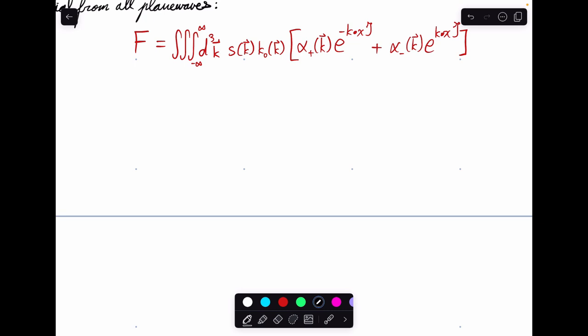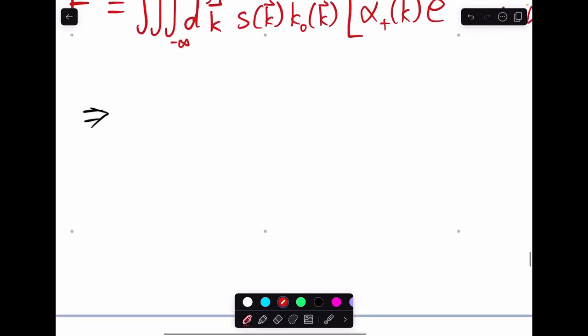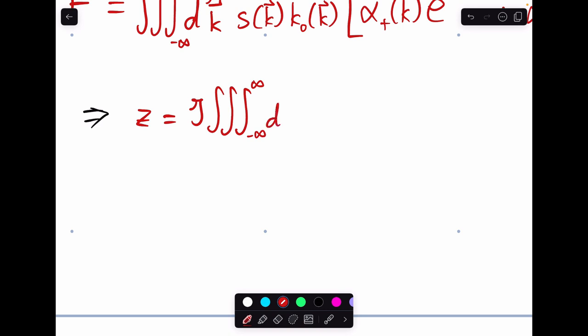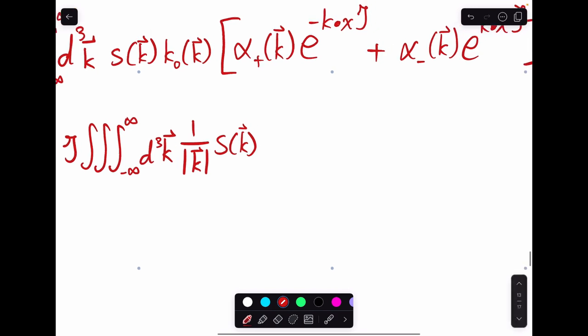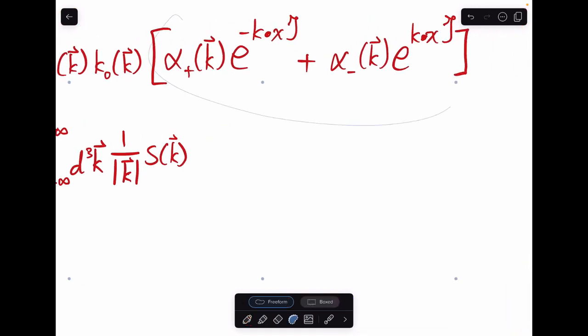And this implies that the complex vector potential needs to be the integral from negative infinity to infinity of d3k, 1 over the magnitude of k, s of k, and then just these.